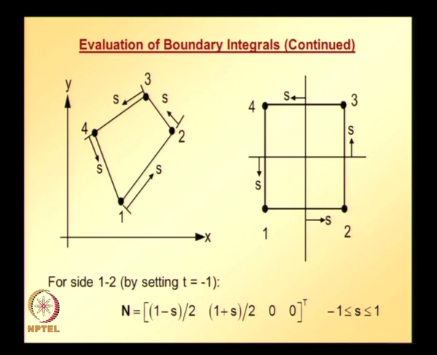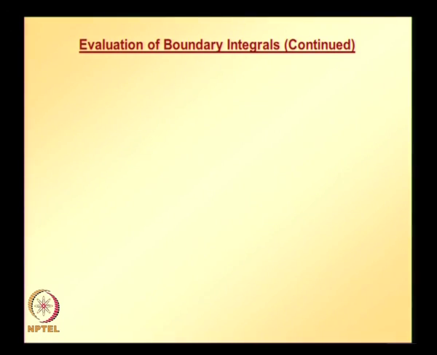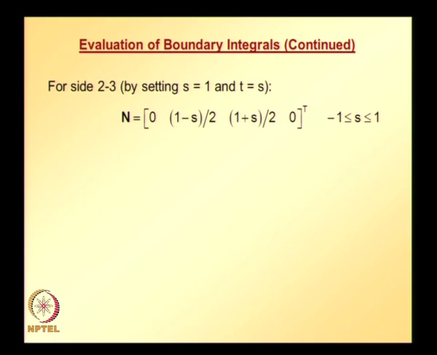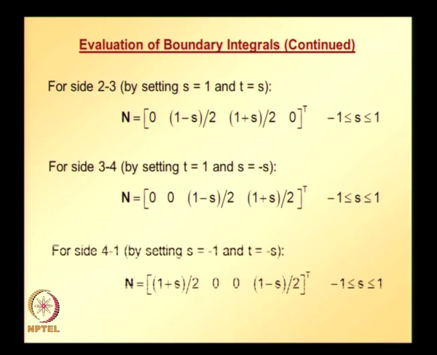In those expressions you substitute T equal to -1 and put all the shape functions in a vector form. This is how the shape function vector looks for side 1 2, where S goes from -1 to 1. Similarly for the other sides, side 2 3, 3 4 and 4 1, we can write the shape function vector by substituting the corresponding values of S and T.